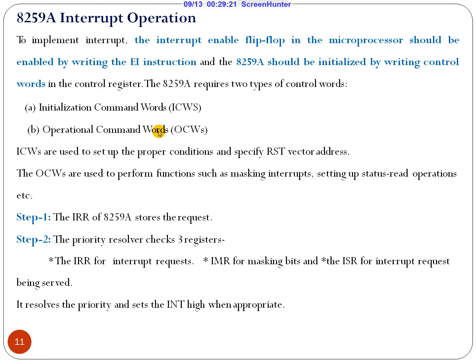The interrupt operation starts when the peripheral requests a service from the microprocessor, which is treated as an interrupt. That interrupt is recorded in the interrupt request register, and the priority resolver takes three registers: the interrupt request register, the interrupt mask register, and the interrupt service register.